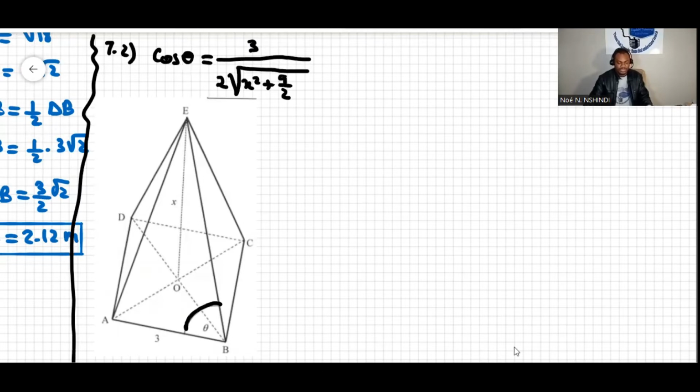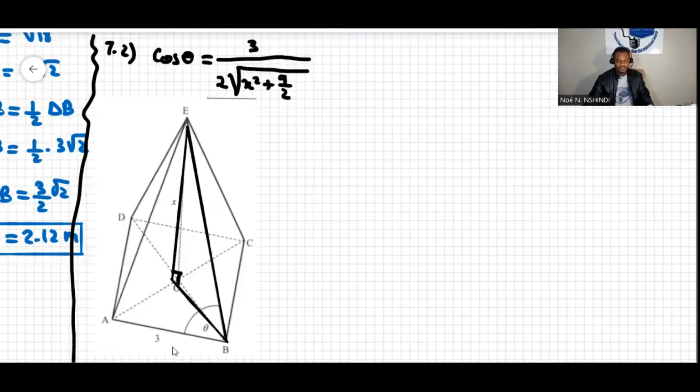So, if, for instance, I can get this denominator by doing this. Okay, we have a right angle triangle formed by the sides E. Triangle EOB is a right angle triangle.